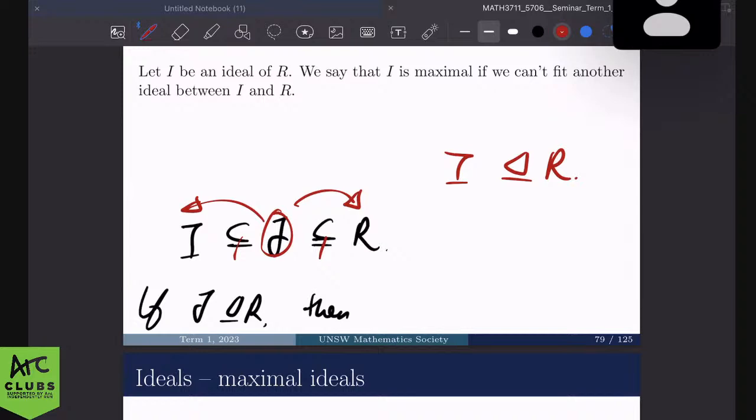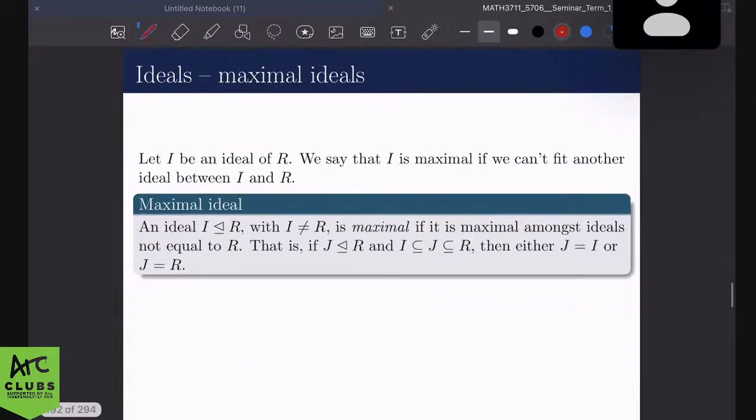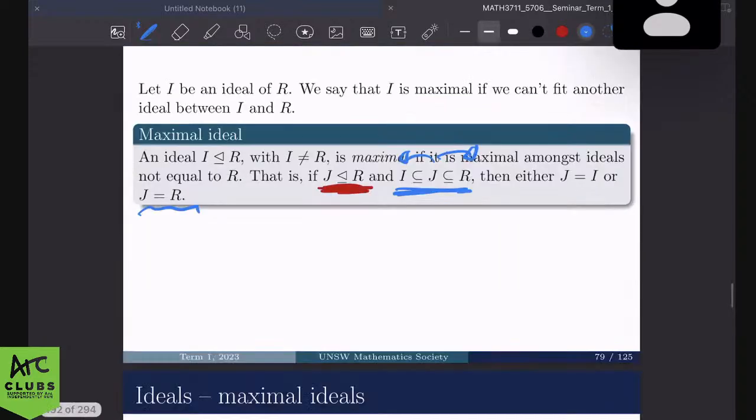That's what maximal means. Okay? That is, if J is an ideal of R and we've got I a subset of J, a subset of R, then either J is equal to the left one or J is equal to the right one. Okay? Sweet.